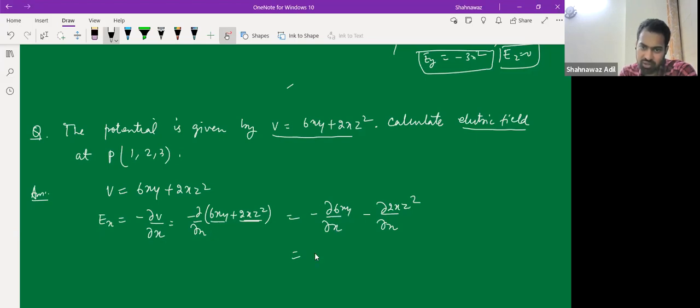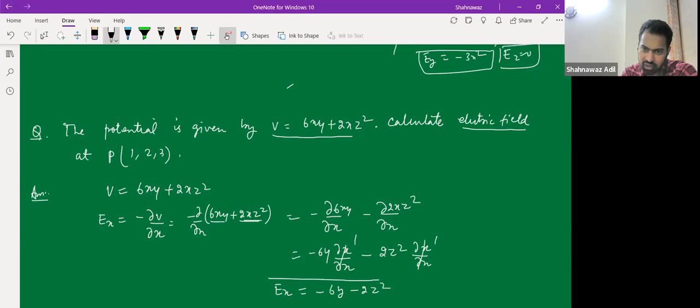So 6y is taken outside, dx by dx is 1, so only 6y. And then I have z square again, 2z square is taken outside, dx by dx is 1. So I have minus 6y minus 2z square. This is my Ex. Right, Aisha?